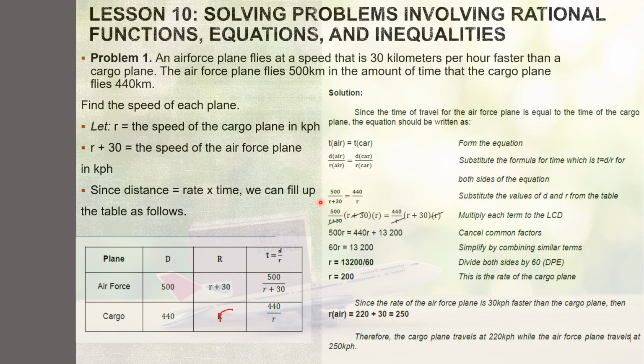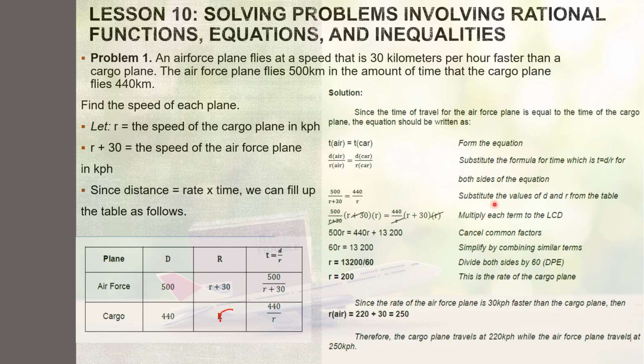So we substitute the formula. Time is equal to D over R. So, distance of Air Force over rate of Air Force is equal to distance of cargo over rate of cargo. Substituting, 500 over R plus 30 equals 440 over R. Then you manipulate the equation.